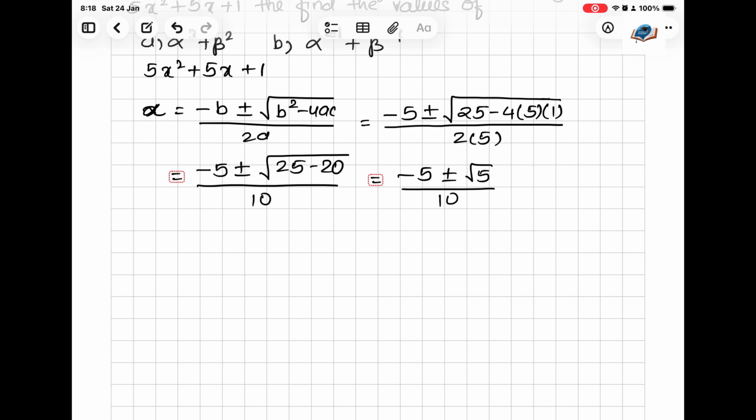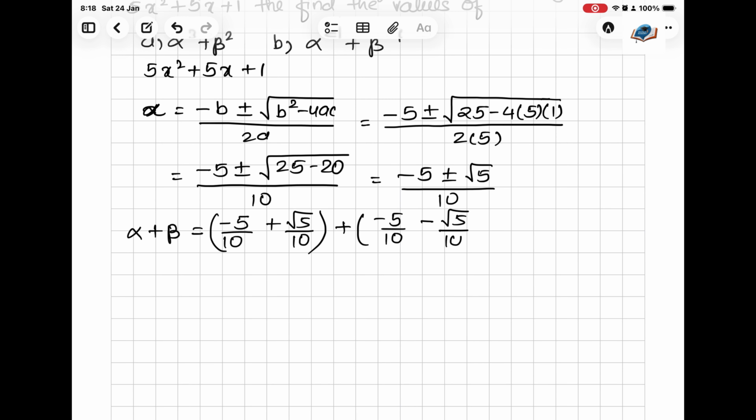Now if I see carefully, if I separate the denominators, alpha will be minus 5 upon 10 plus root 5 upon 10, and beta will be minus 5 upon 10 minus root 5 upon 10. So alpha plus beta: the plus and minus root 5 will cancel, so I get minus 10 on 10, that is minus 1.